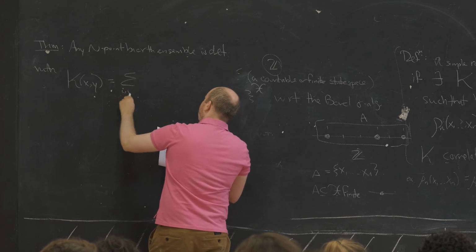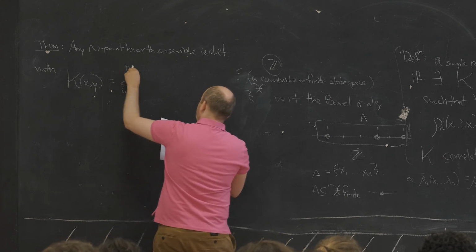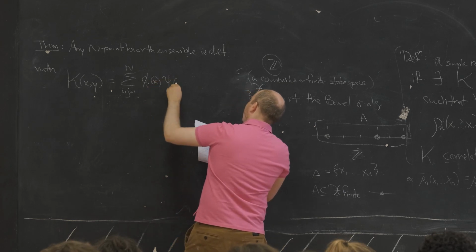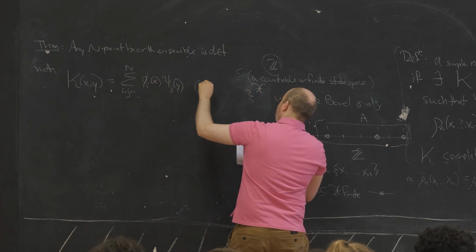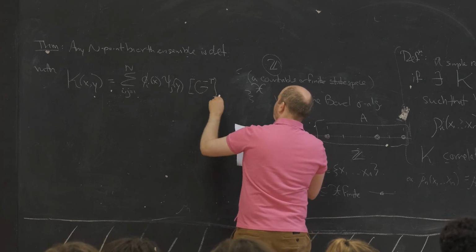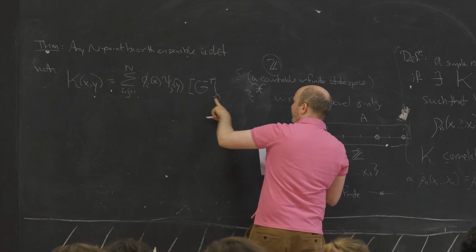It's given by the sum over i, j equals 1 to n of phi_i of x, psi_j of y, and then the inverse of the transpose of this Gram matrix in the ij coordinate.